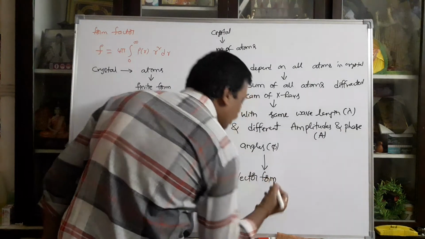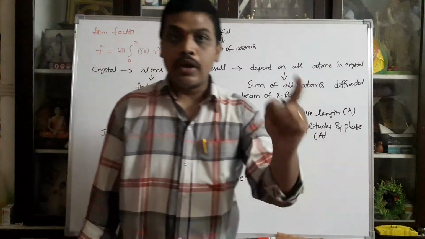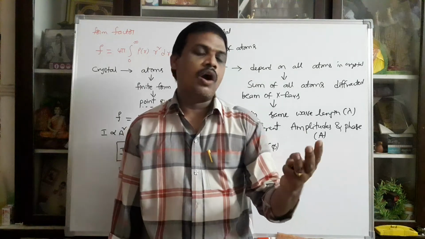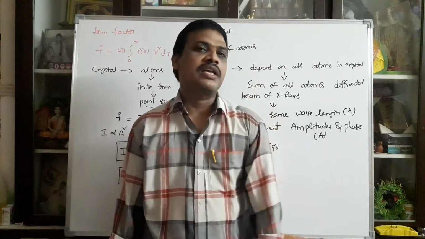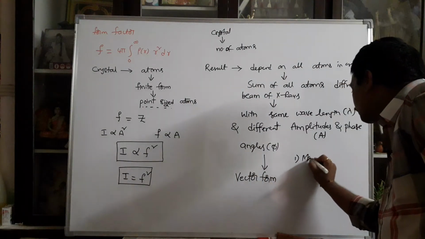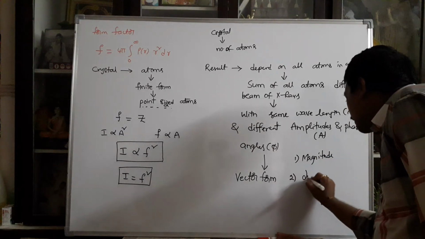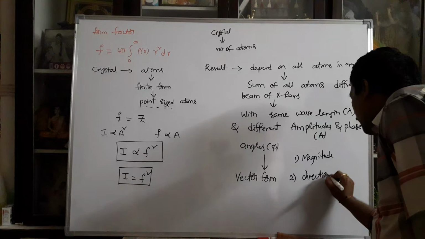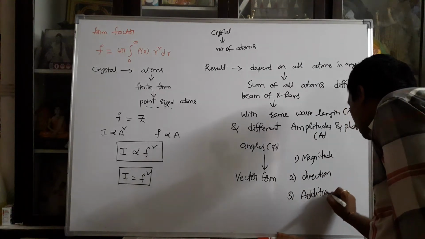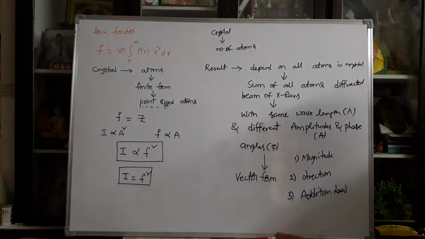What is a vector? A physical quantity having both direction and magnitude and obeying the vector addition law. A vector must have magnitude, a particular direction, and must obey the law of vector addition. If these three are obeyed, the physical quantity is called a vector.